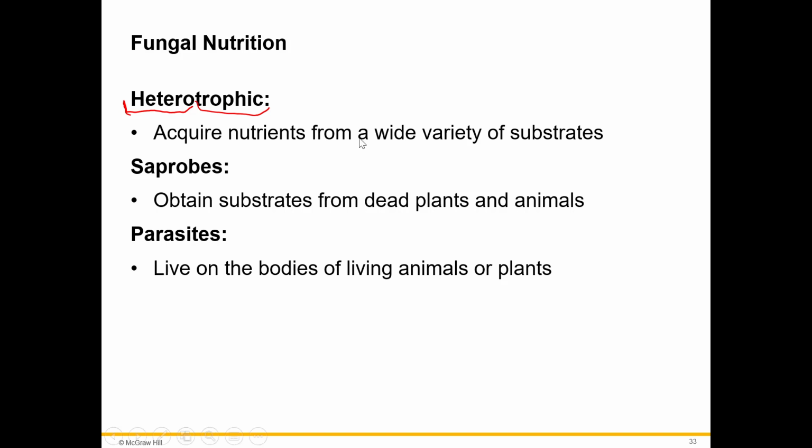It acquires nutrients from a wide variety of substrates. Saprobes. A saprobe is an organism that's going to obtain nutrients from dead plants and animals. Basically what it does is it sticks to the surface of the dead plant or animal or other type of organism. It will spray out digestive enzymes and then absorb the nutrients.